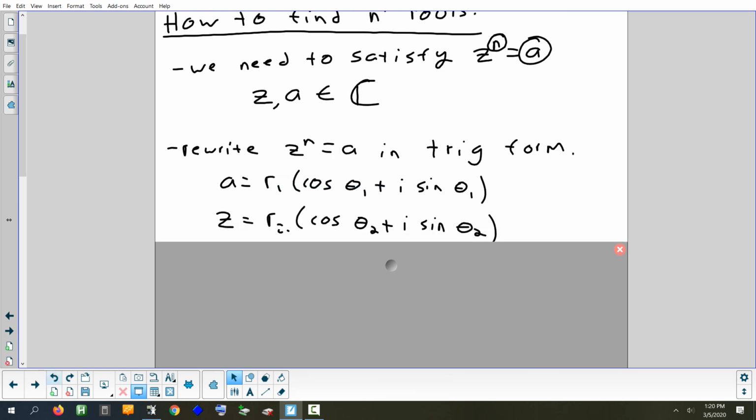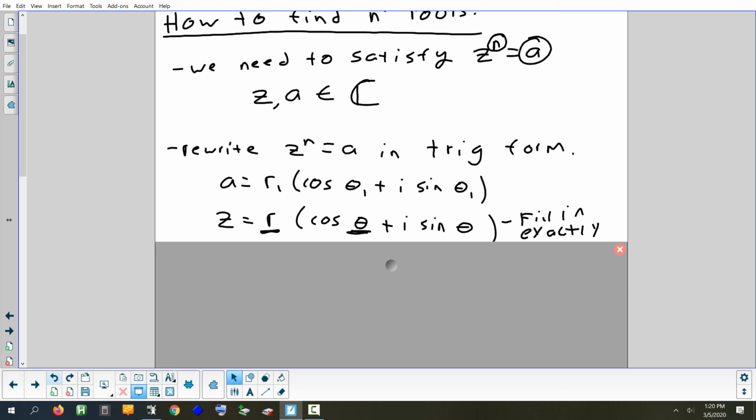The next thing is you're going to fill that in for z, exactly like that. This is what you're solving for. You're trying to solve for the r, and you're trying to solve for the theta, for whatever root you're taking.